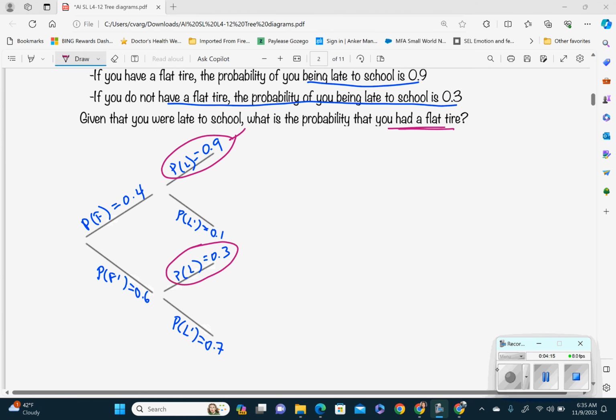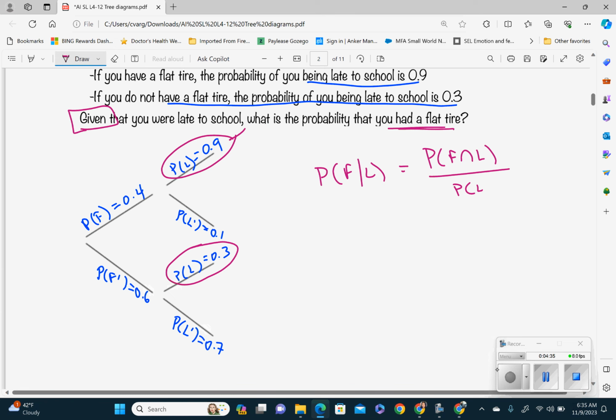Let's notate this: the probability that you have a flat tire given that you're late. Remember the word given. How do we do that? Look back at the formula booklet: the probability of flat tire and late, over the probability of late, the total late.